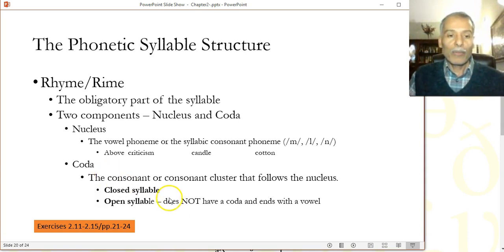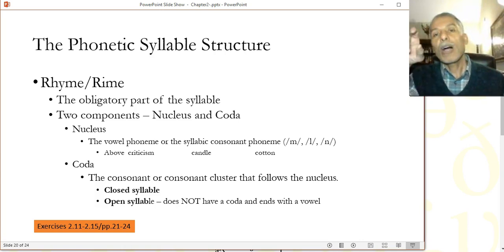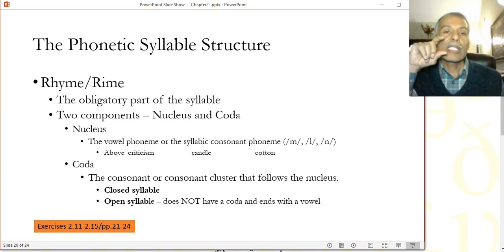Say, for example, the word Sarah. So we have two syllables, sa and then ra. So s is an onset, a is the rhyme, and that rhyme doesn't have more than the nucleus.